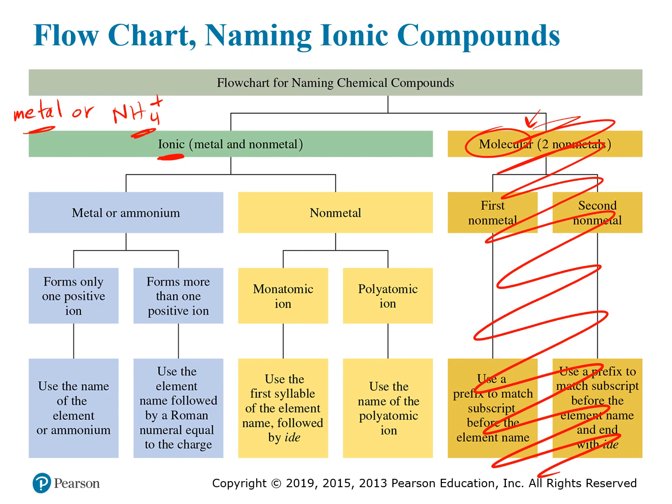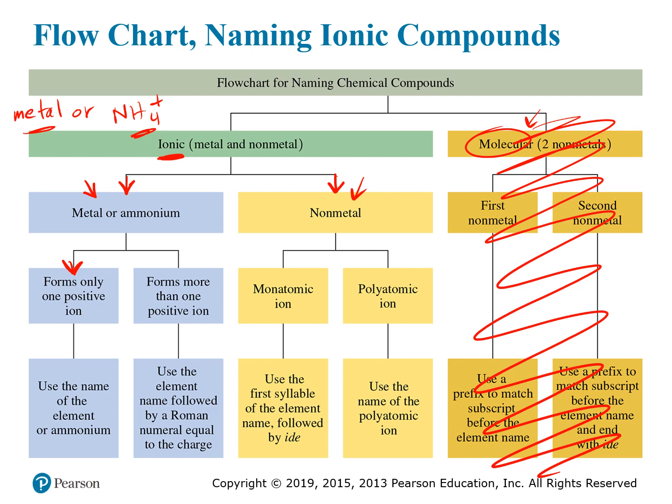Once you know for sure it's ionic, then it's just a matter of figuring out the names of the two different ions that are in it, right? You have the positive ion, which comes from the metal or ammonium, and then the anion, the nonmetal. So sticking with the metal side for a second, the first question you have to ask is, is the metal a main group metal?